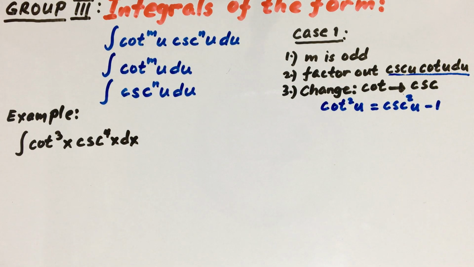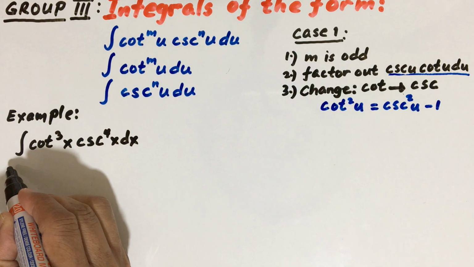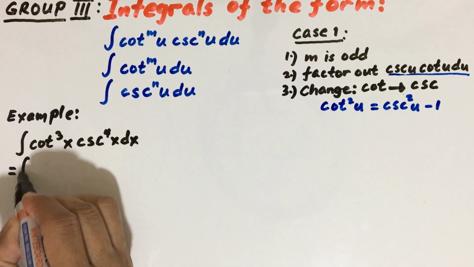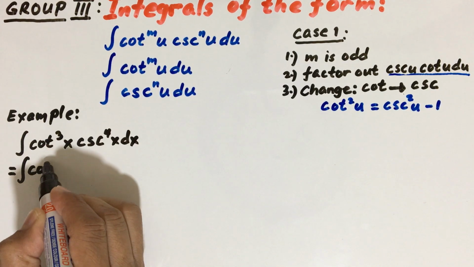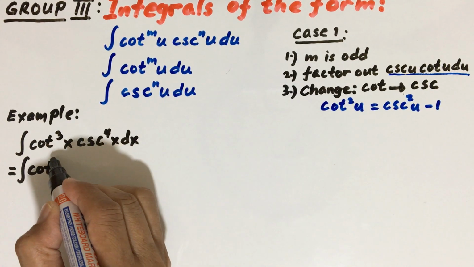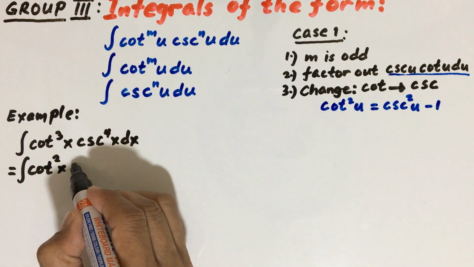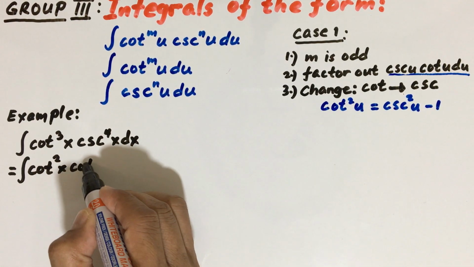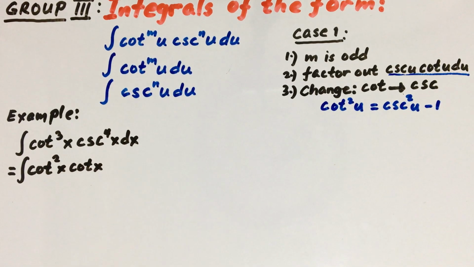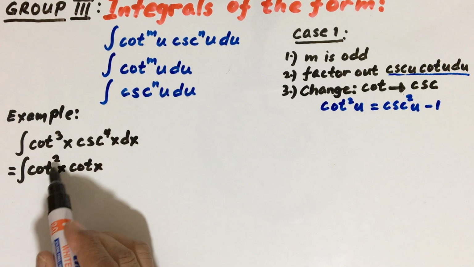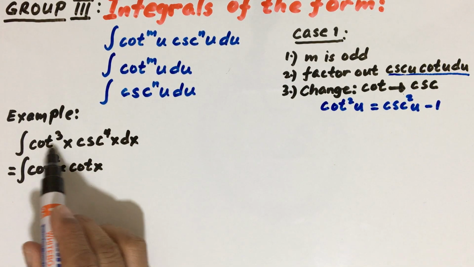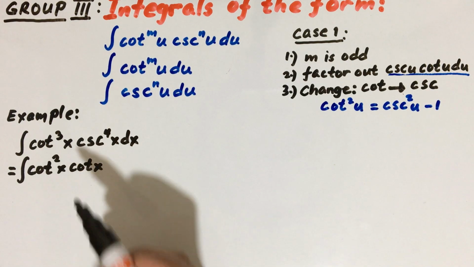So we can rewrite the given integral as the integral of cotangent squared x multiplied by cotangent x. Cotangent squared x times cotangent x is equal to cotangent cubed x.